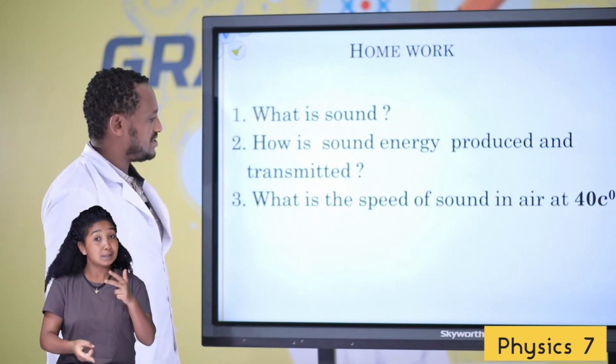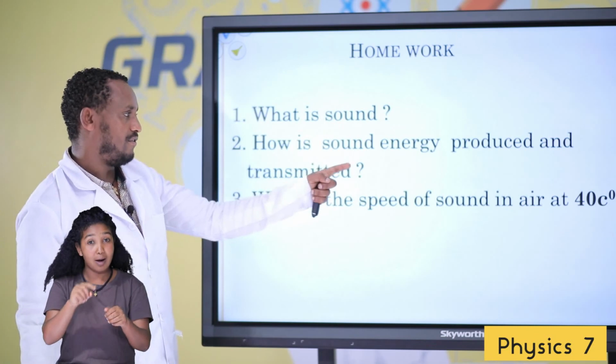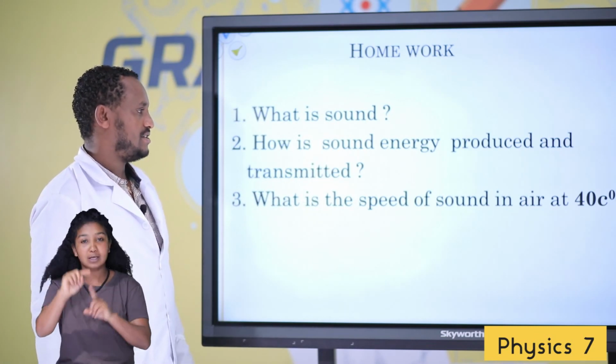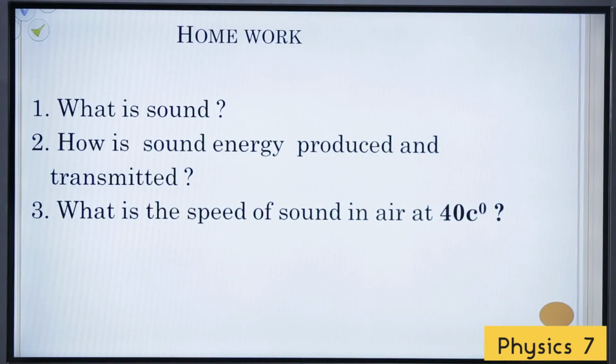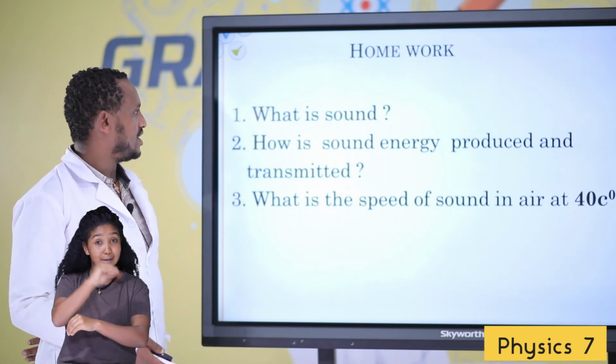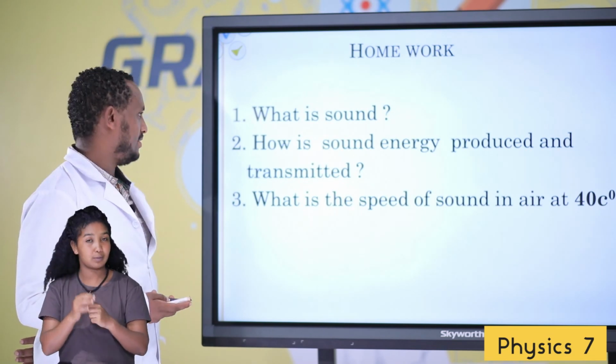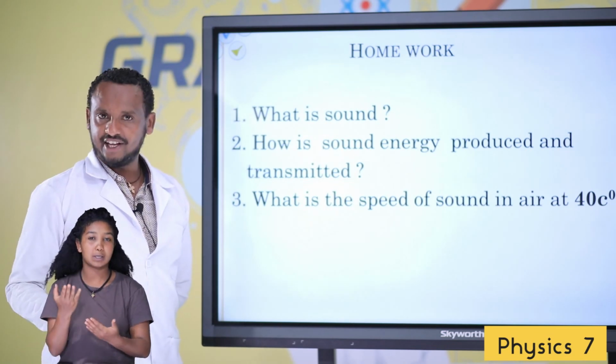And the third one is, what is the speed of sound in air at 40 degrees Celsius? This is all about our daily lesson. Please, students, do this homework and we will see you in the next period.